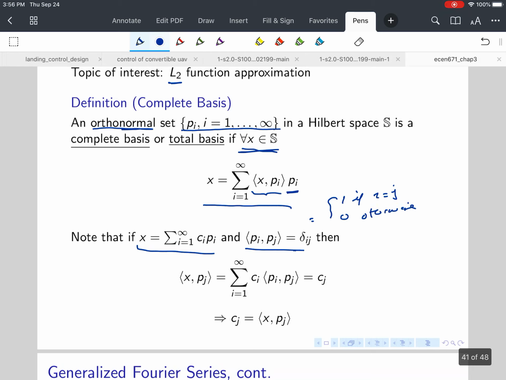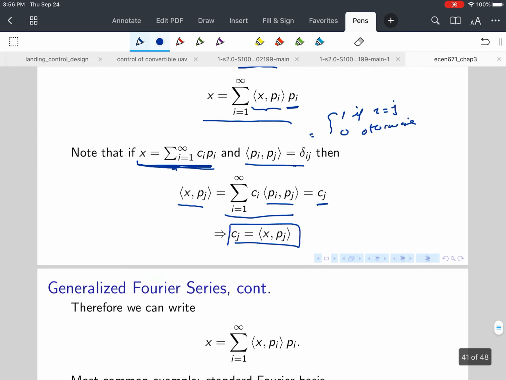Then when I take the inner product of x with pj, I plug in x equal to the sum of ci pi, and the ci's pull out, and I get the inner product of pi with pj, which is of course 1 only at i equals j, and so we get our coefficient cj. In other words, if we're using a basis vector here, these cj's are equal to the inner product of x with pj, or the projection of x onto that particular basis function.